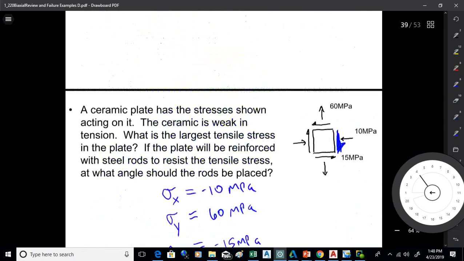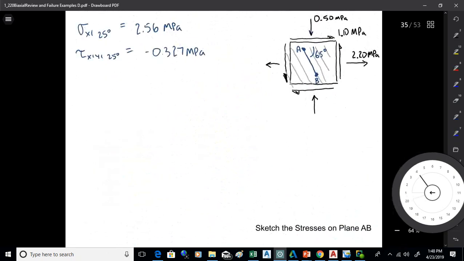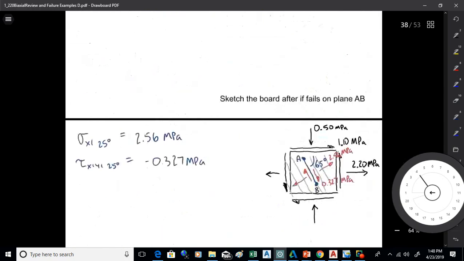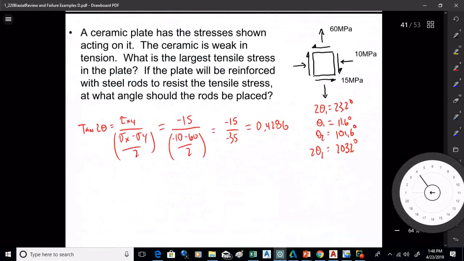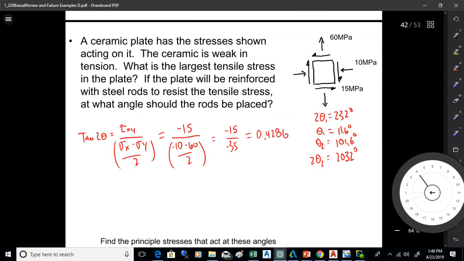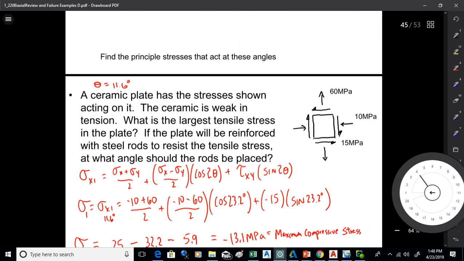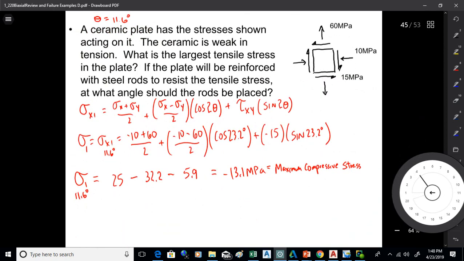So this has one more step than the previous one. On the previous one, you're given the angle. On this one, you're not. So you've got to find the angle first with the tangent 2 theta formula. Then once you have the angle, you can plug it into equation 25 and find the normal stress. Okay? And there's two of them, and they're 90 degrees apart.